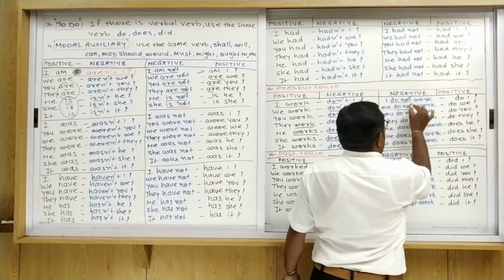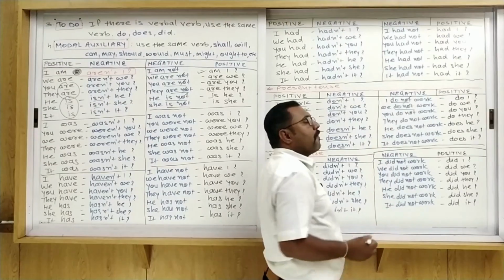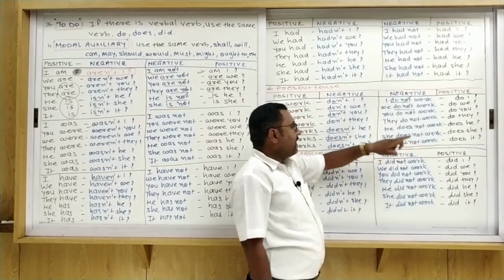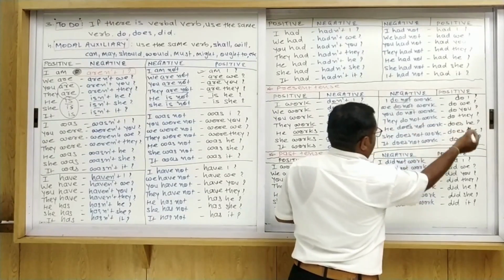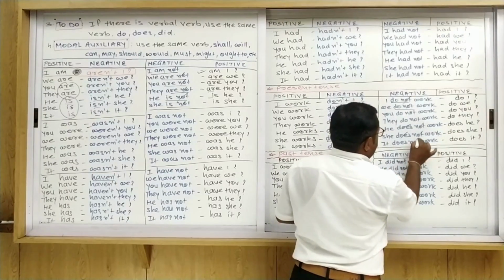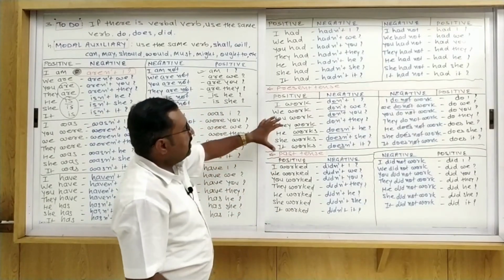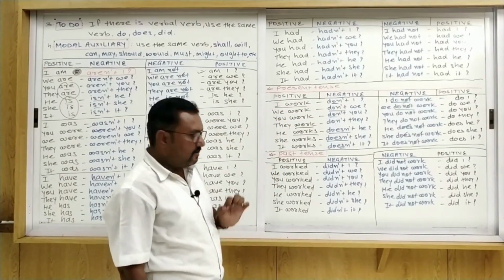So when the sentence is about negative, so you remove not. They do not work, do they? He does not work, does he? She does not work, does she? It does not work, does it? So in simple present tense we use don't or doesn't.